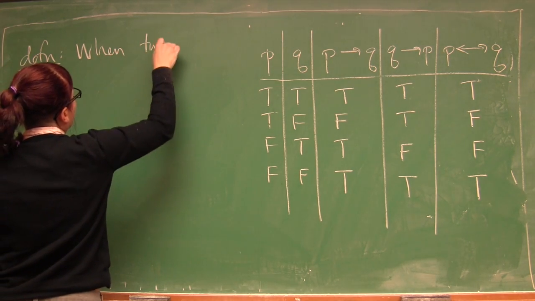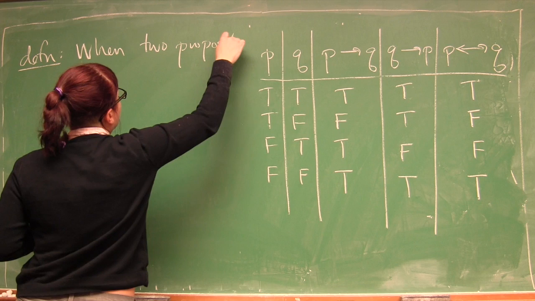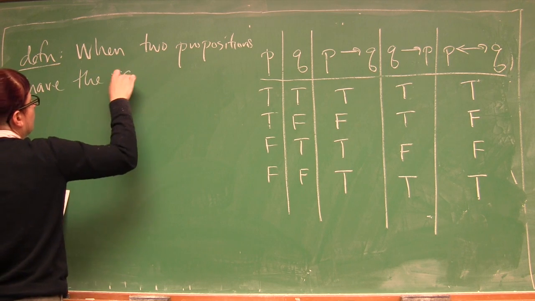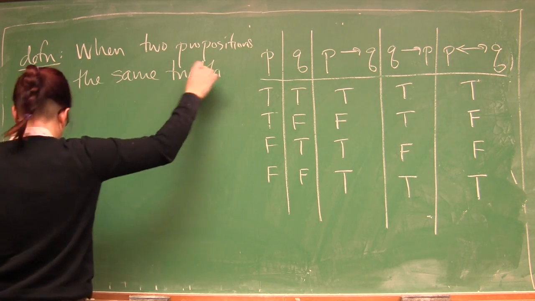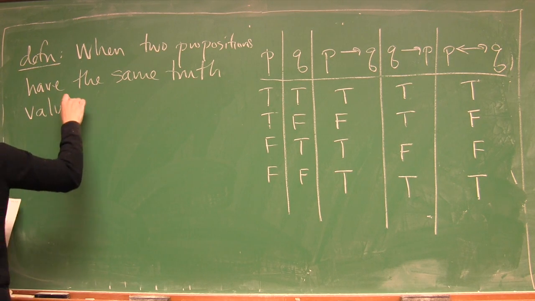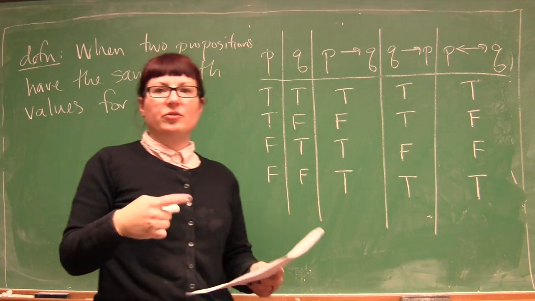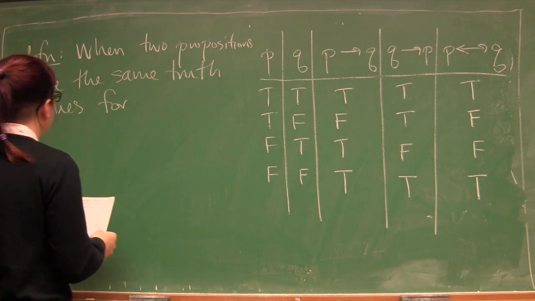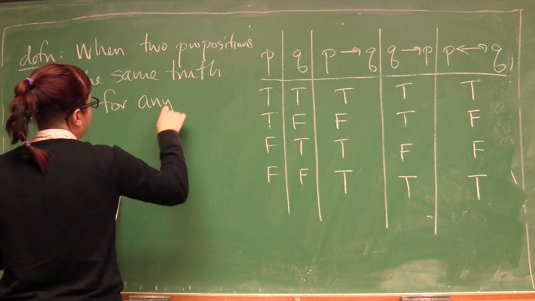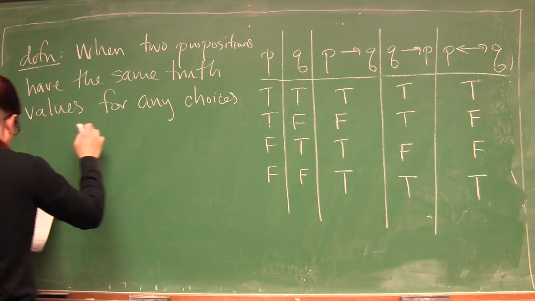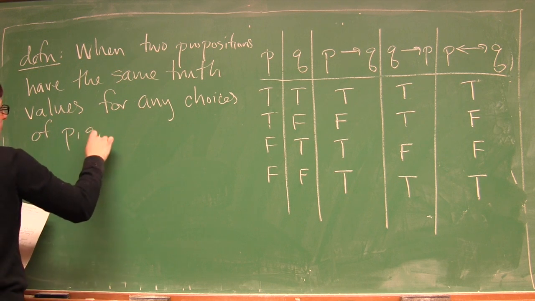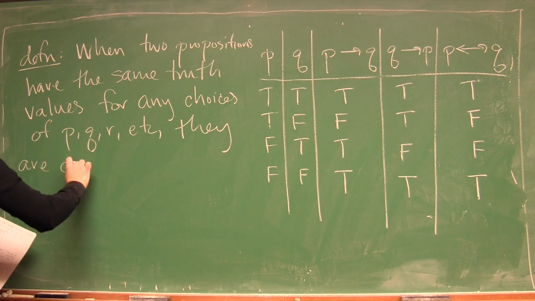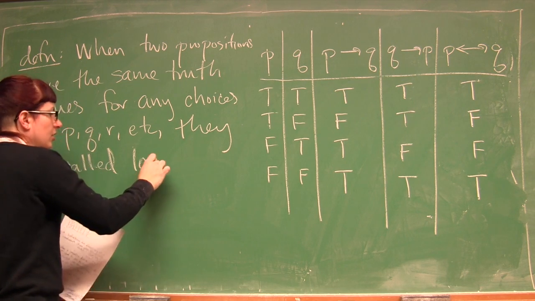When two propositions have the same truth values for any choice of truth values for the P, Q, R, whatever is inside comprising the proposition, then they're called logically equivalent.